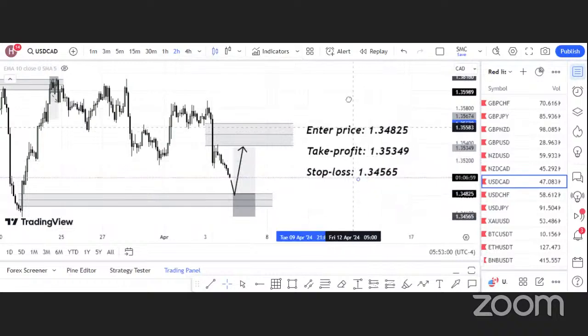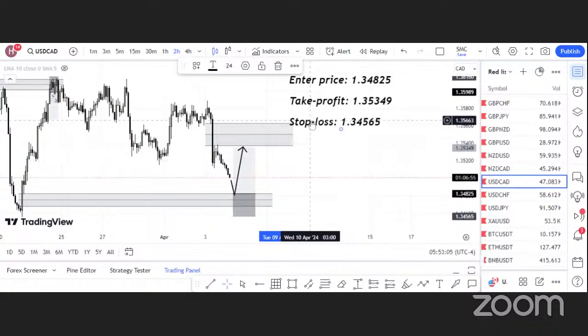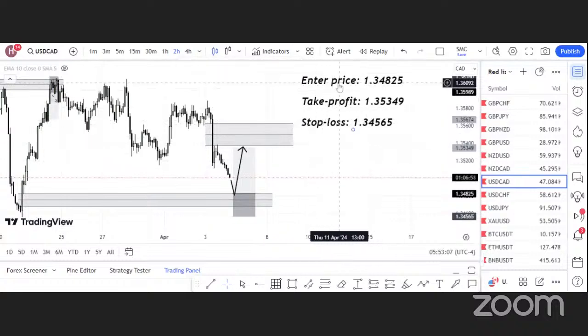All right. So for USDCAD, this is our entry price, our take profit, and our stop loss. Right.